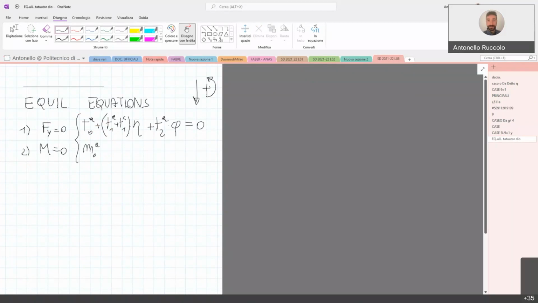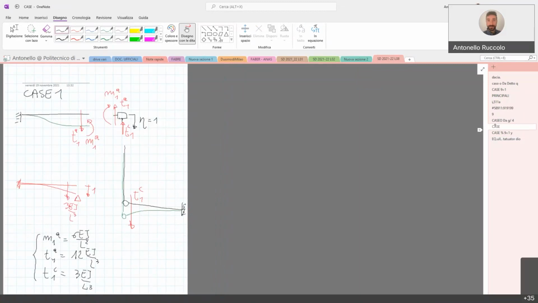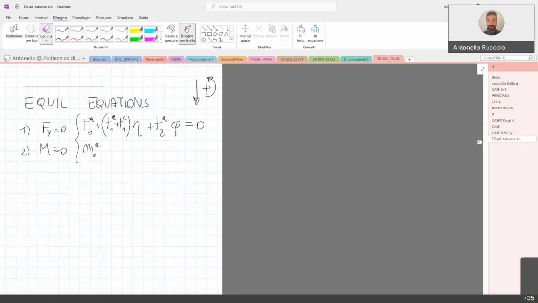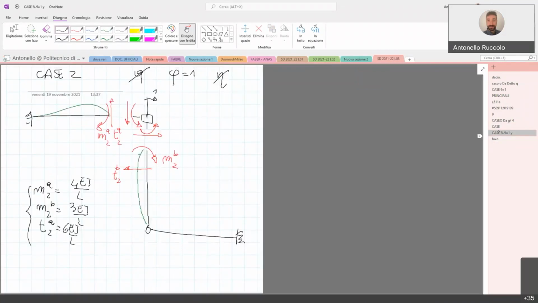Then the effect of theta equal to 1 is a clockwise moment MA1, this one. So minus MA1 times eta, which we don't know. Then the second case, we have Q contribution. Both of them are counterclockwise, so positive, and they are MA2 and B2.